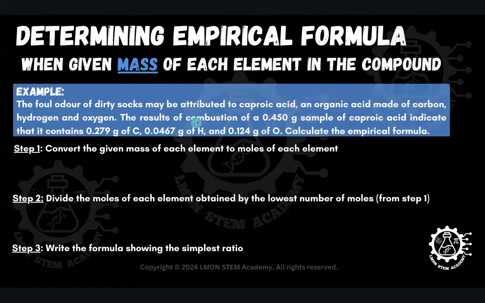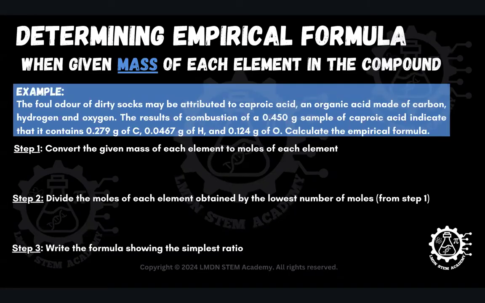The results of combustion of a 0.45 gram sample of caproic acid indicate that it contains 0.279 grams of carbon, 0.0467 grams of hydrogen, and 0.124 grams of oxygen. And so given all of this information, they want us to calculate the empirical formula, right?